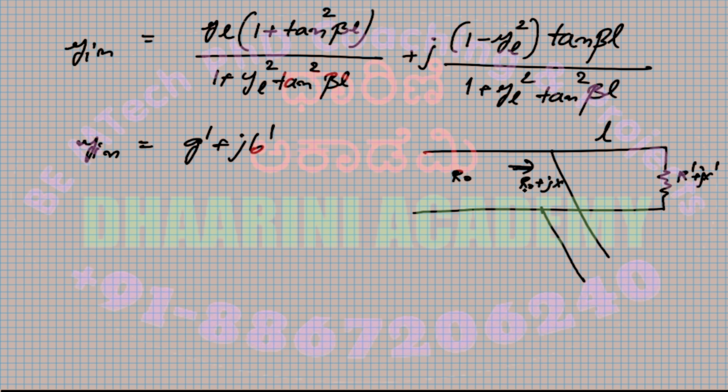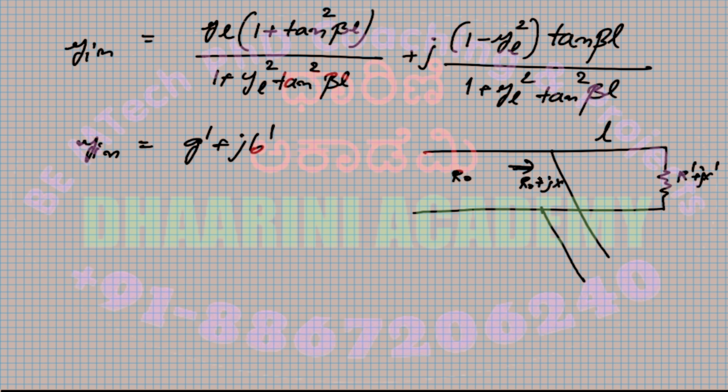But at this point, I am not looking at the R term, I am looking at the Y term, correct? So Y term means this G dash, I should deal with the G dash part. I'm going to bring up an equation in terms of this Y term, not in terms of resistance.